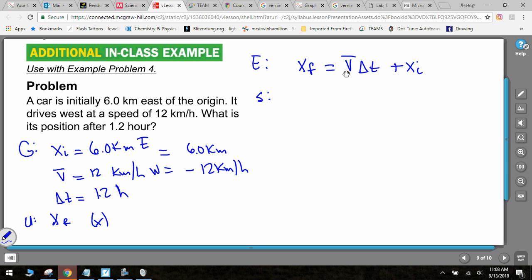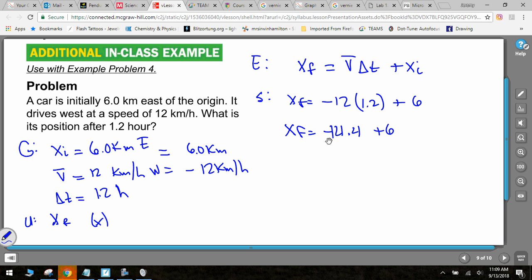All right. So now we just solve x final equals negative 12 times 1.2 plus 6. All right, so we do a little bit of mathing. We get x final equals negative 14.4 plus 6.